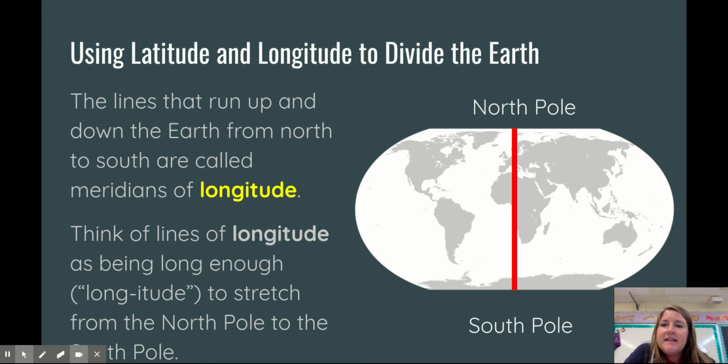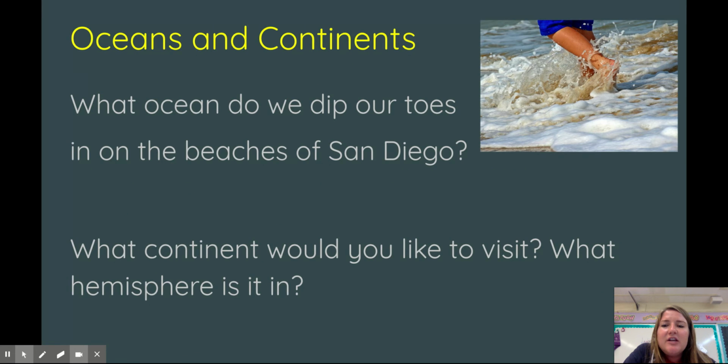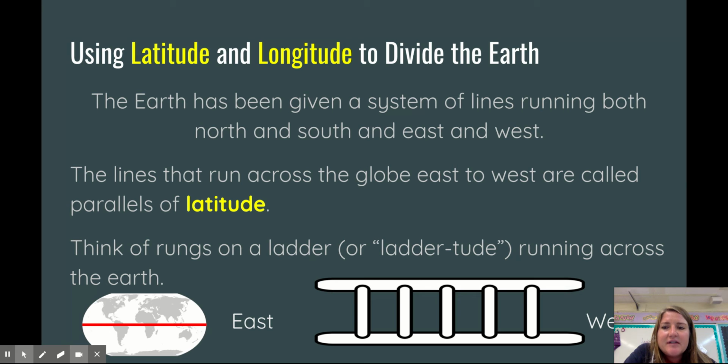All right, the last part I'm going to go over in great depth with you is longitude and latitude. Earth has been given a system of lines running both north and south and east and west. The lines that run across the globe, east to west, are called parallels of latitude.